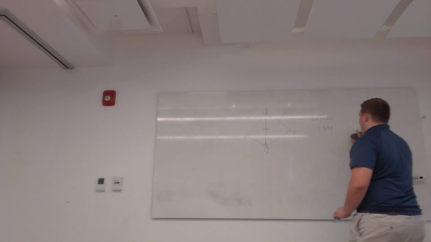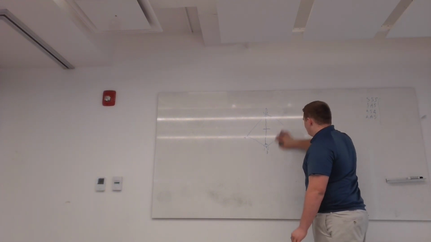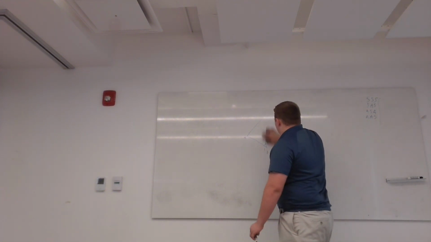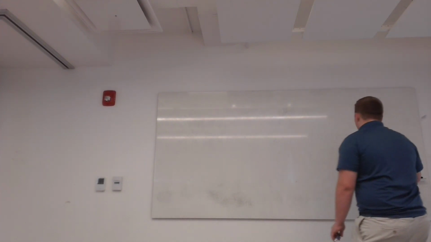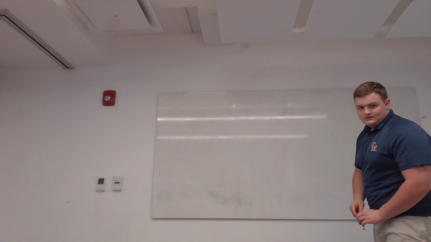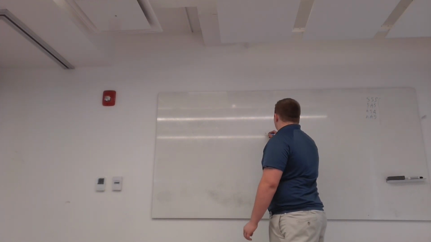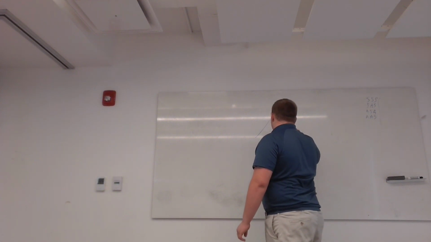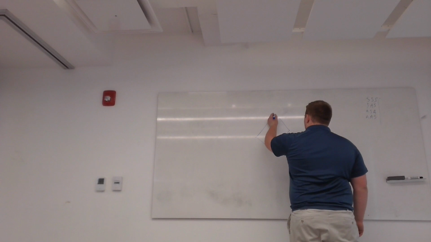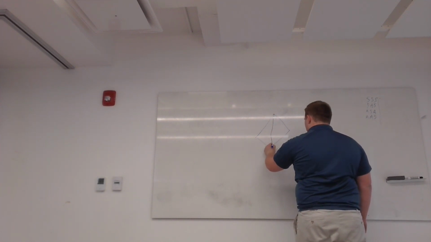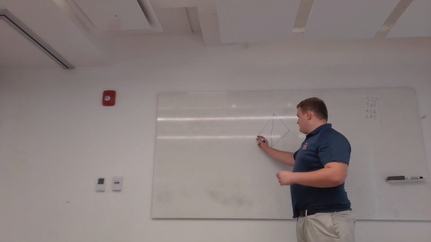The next one I'll be going over is AAS. AAS would be same shape again. Line down the middle. AAS would be this angle.